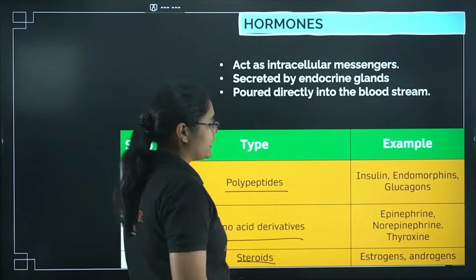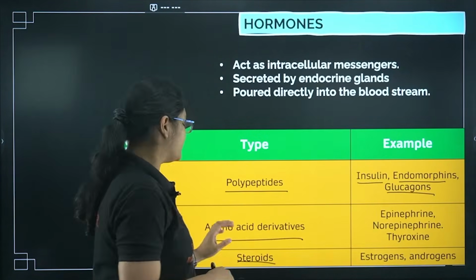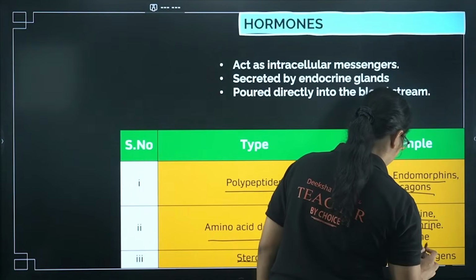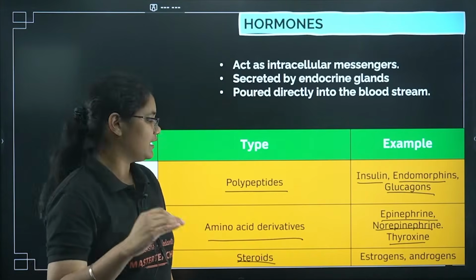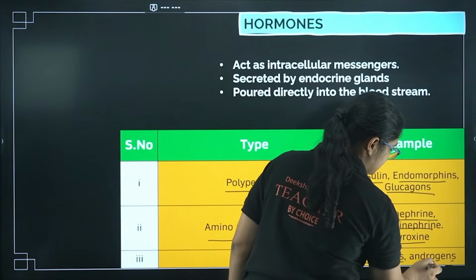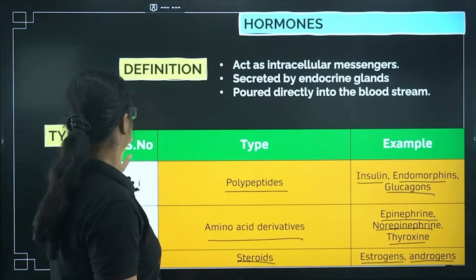Now in polypeptide we have insulin, endorphins and glucagon, and in amino acid derivatives we have epinephrine, norepinephrine and thyroxine. Then in steroids we have estrogens and androgens. Okay, so we'll see each of them in detail.